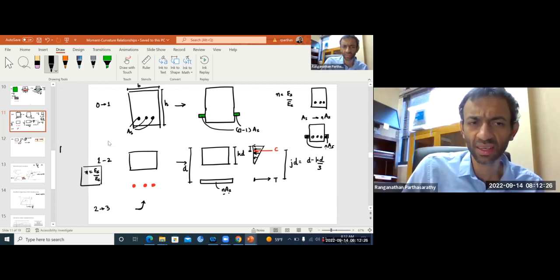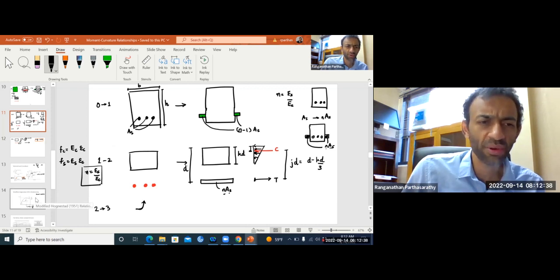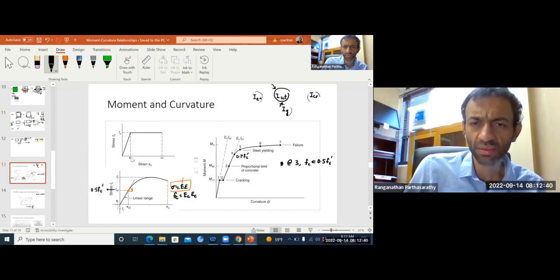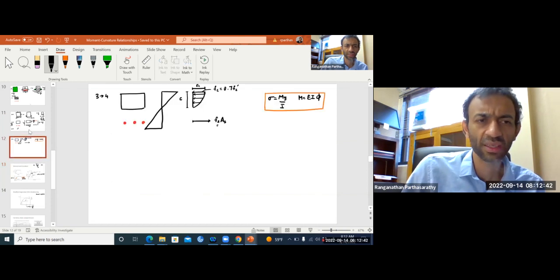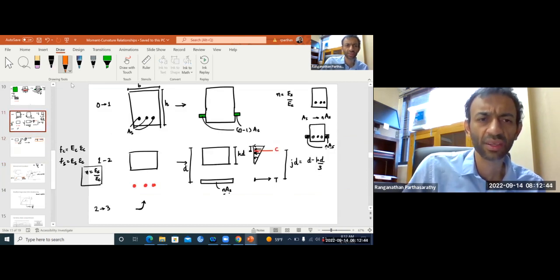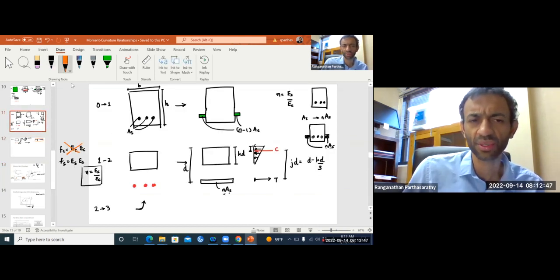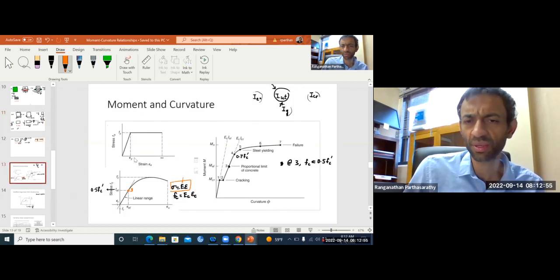That means we can still write Fc, stress in concrete, is Ec times strain. Still write stress in steel is Es times epsilon. But after 0.3, we cannot write this anymore. So our modular ratio concept of transform into equivalent section, we cannot use after 0.3.